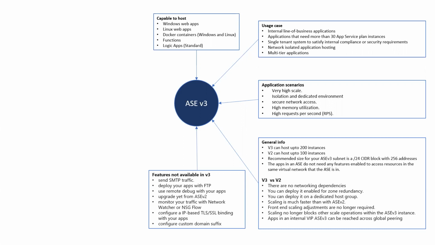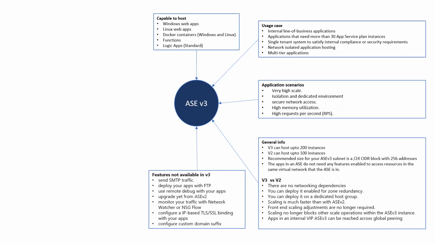The biggest drawback I can see here is upgrading from app service environment v2 to v3. If you are already using v2, I would definitely expect migration or upgrading from v2 to v3.